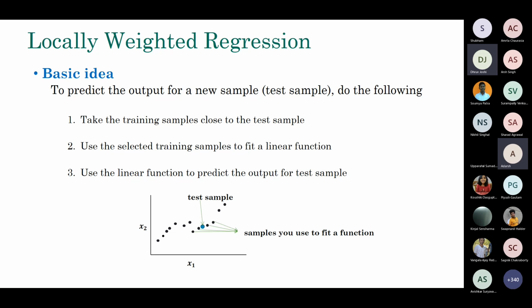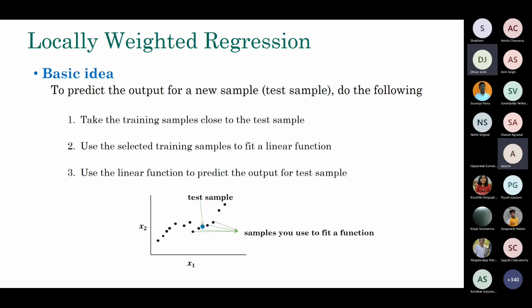Here is an example. Say the black dots are the training samples in your data, and the bigger blue one is the test sample for which you want to predict the output. We try to figure out the training samples close to this test sample by some similarity measure. We will see in the next slide how we do that.